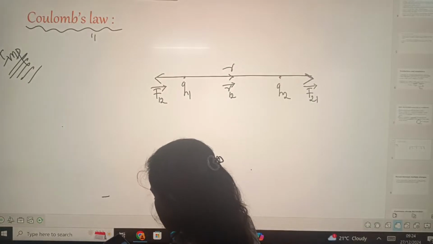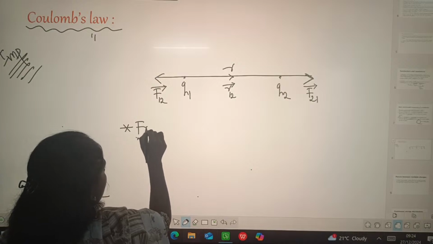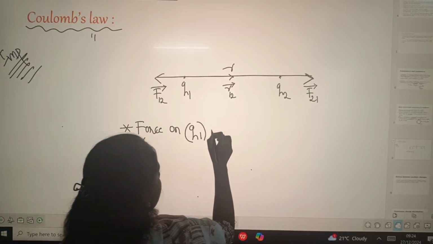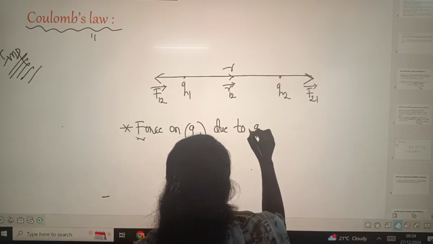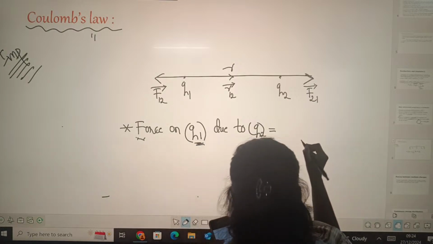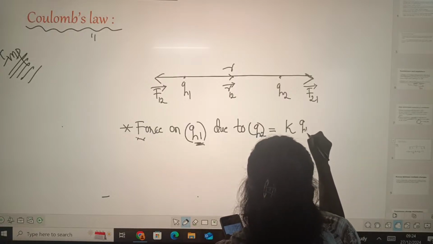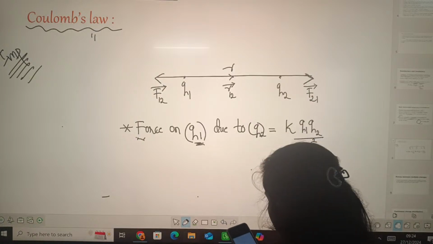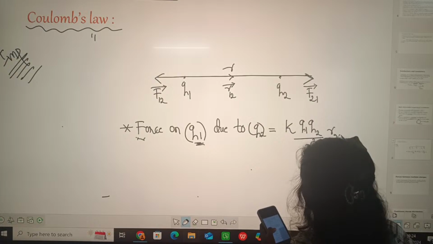Then the force on Q1 due to Q2 is written with the proportionality constant, Q1 into Q2 divided by R square, but in vector form, with R cap 21.